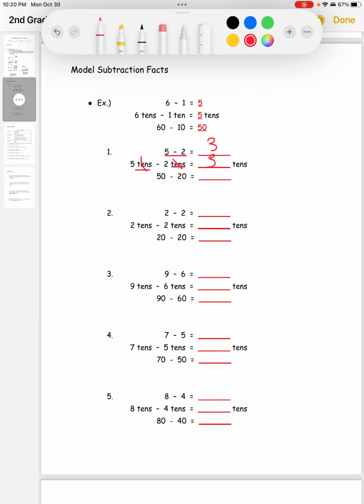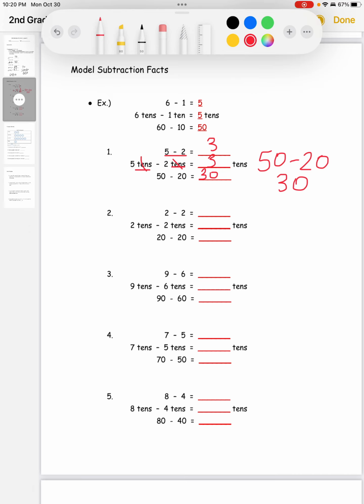And we know that 5 tens minus 2 tens is basically saying 50 minus 20. But they just say tens. So 3 tens would equal 30. So 50 minus 20 would equal 30. And that is 3 tens.